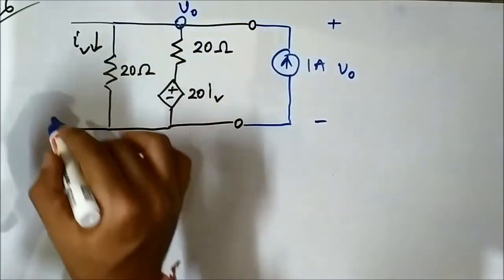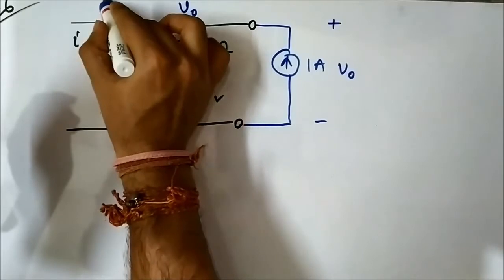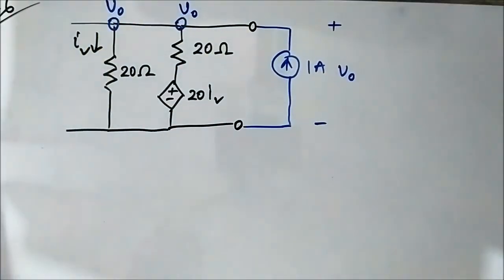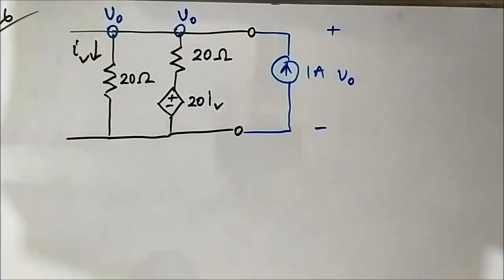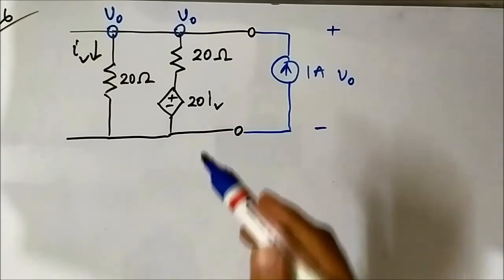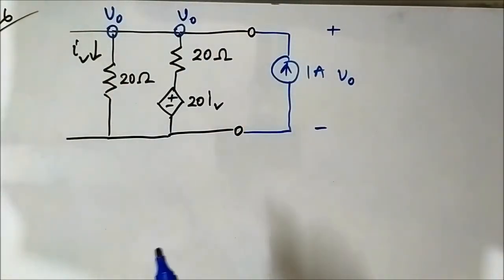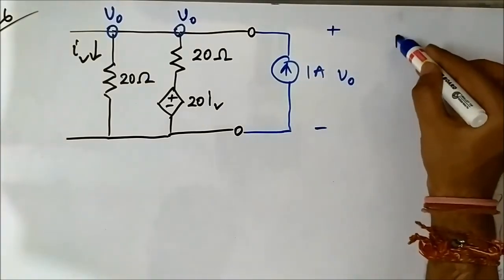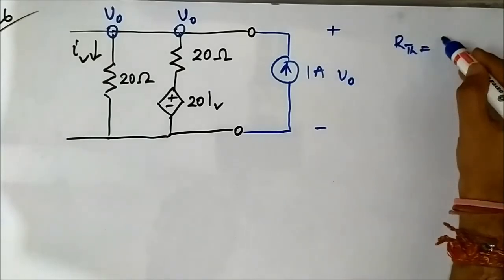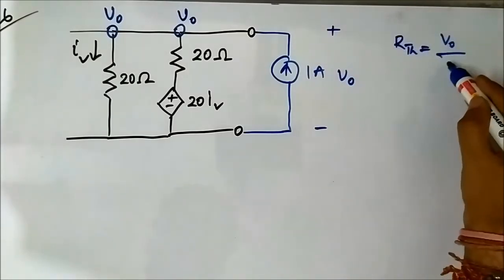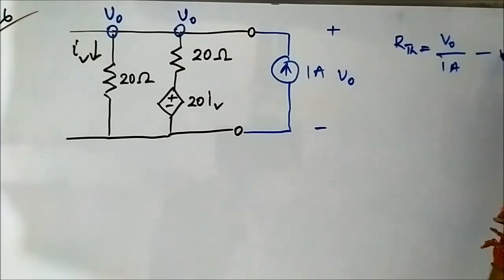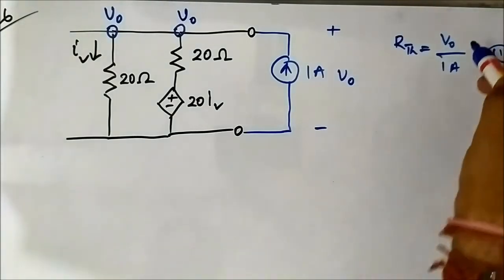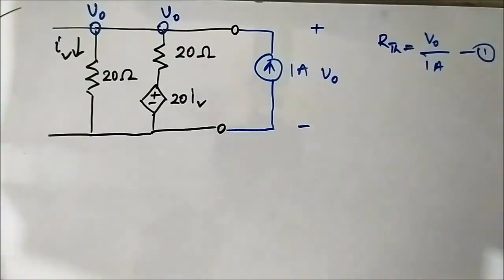Here also in between these 2 points there is no resistor involved, so here also it is V0. So we will perform nodal analysis here to find V0, and RTH will be simply V0 by 1 ampere. So our objective is to find V0.